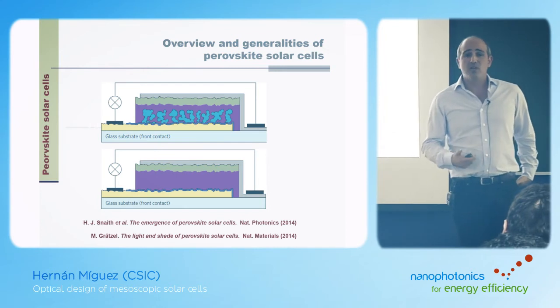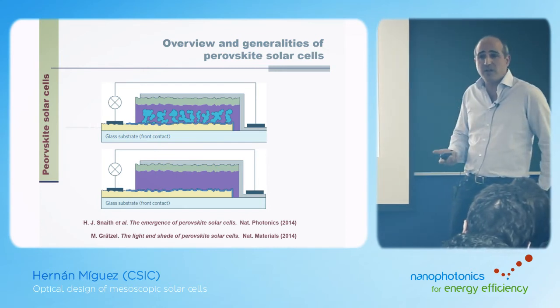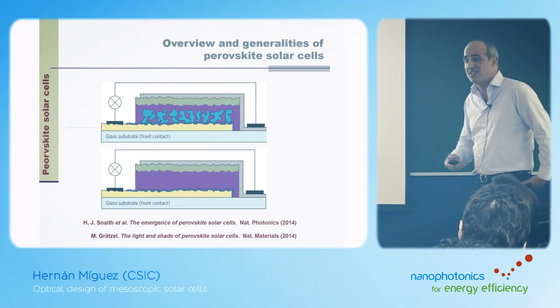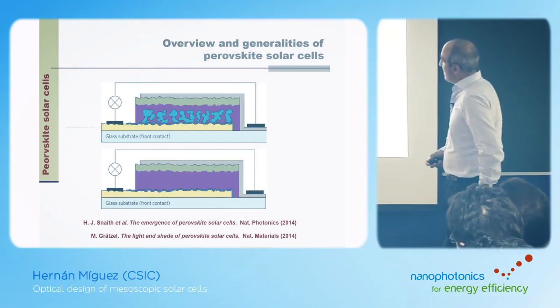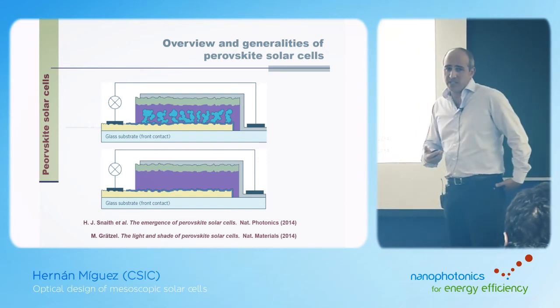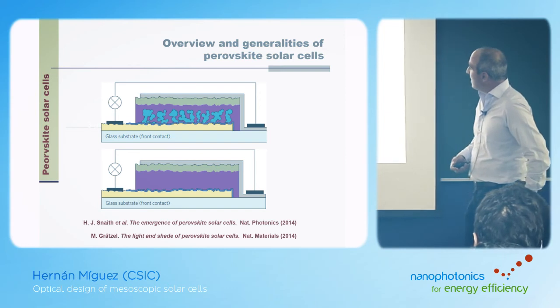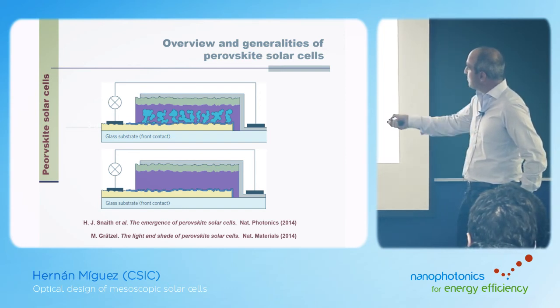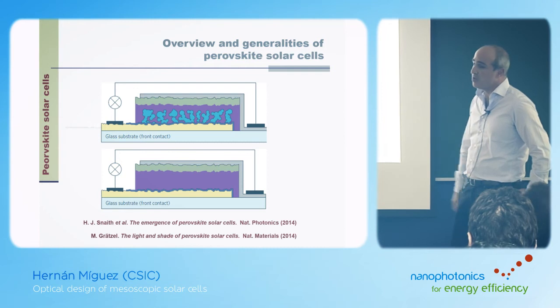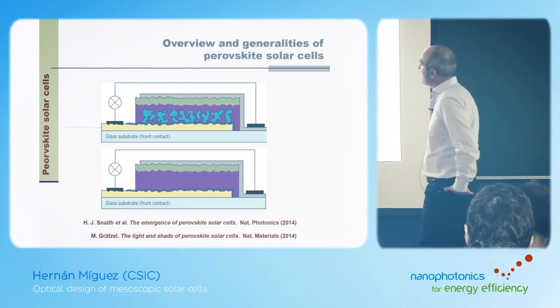In fact, some people still consider some versions of the perovskite solar cell as a dye-sensitized solar cell. There's quite a hot debate about it, actually. And the thing is that they have demonstrated that the cell works also nicely without the scaffold.